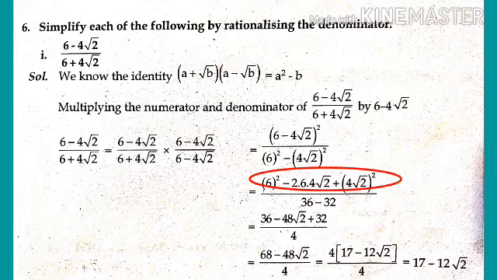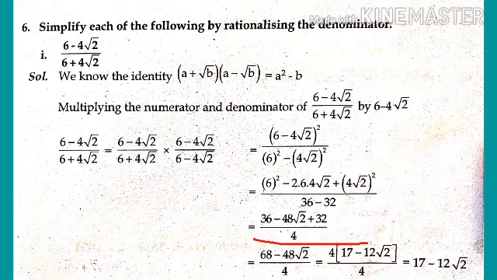That is 6 square minus 2 into 6 into 4 root 2 plus 4 root 2 whole square, by 6 square minus 4 root 2 whole square. 6 square is equal to 36. 4 root 2 whole square is equal to 32. Next step, 6 square means 36. 2 sixes are 12, 12 fours are 48, root 2, plus 4 root 2 whole square is equal to 32, by 36 minus 32, which is equal to 4.